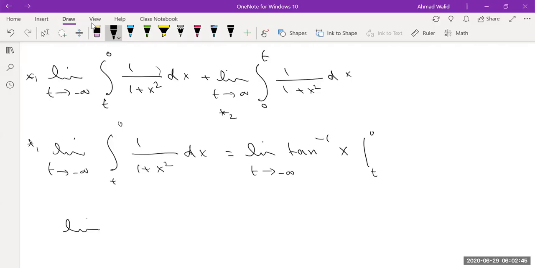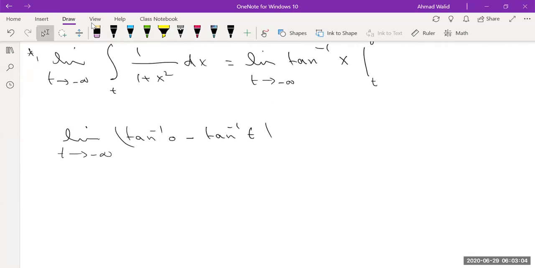Plug in the upper limit and lower limit as t approaches negative infinity. Then you can write limit t approaching negative infinity of tan inverse of 0 minus tan inverse of t. Tan inverse of 0 gives you 0, correct?